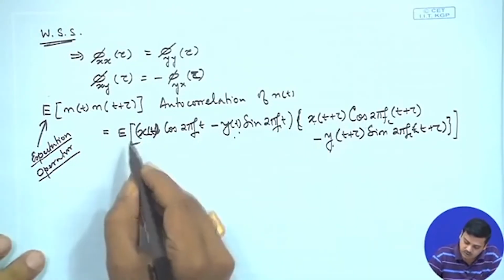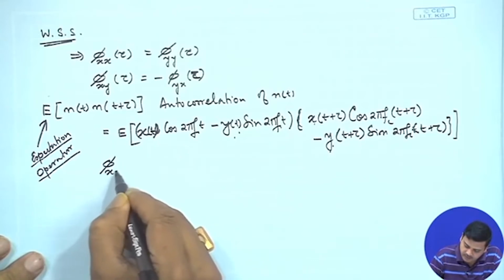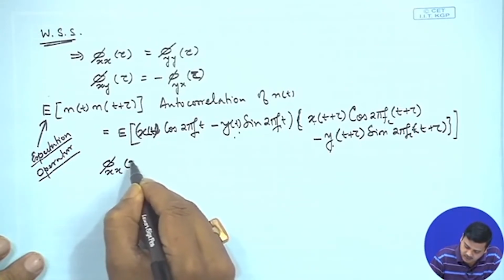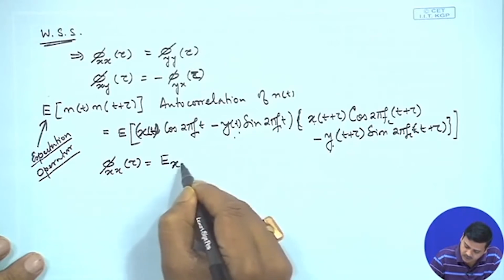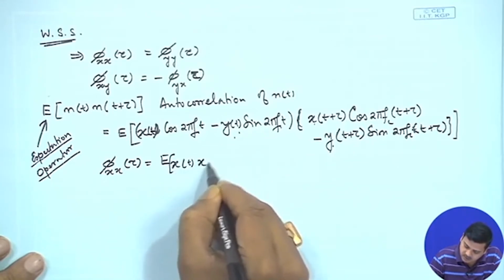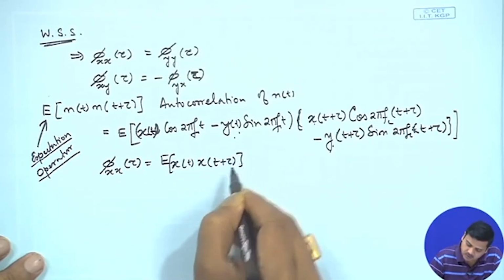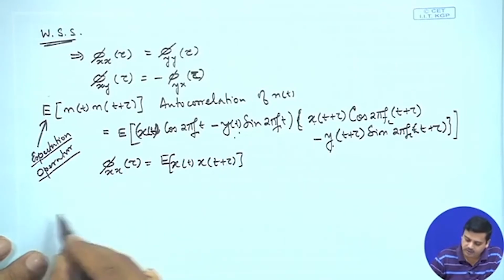So, if that is so, we will have phi_xx(tau) is basically E[x(t) x(t plus tau)]. Similarly, we are going to write all the relationships.